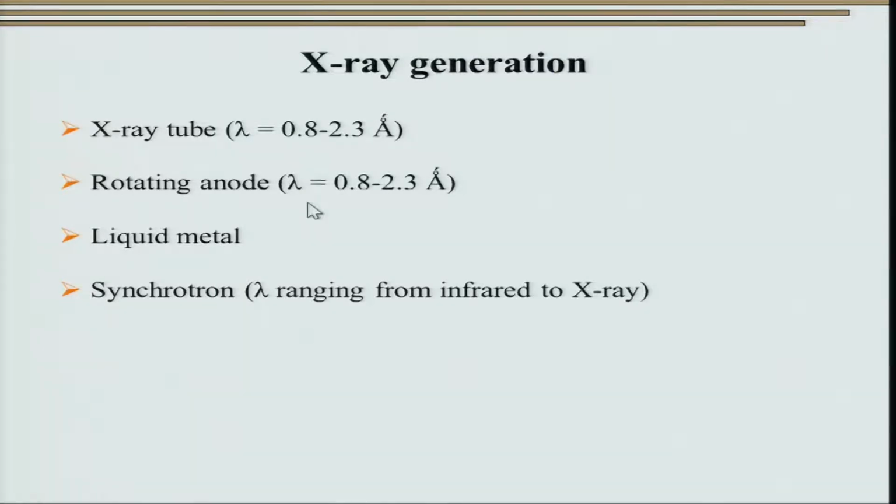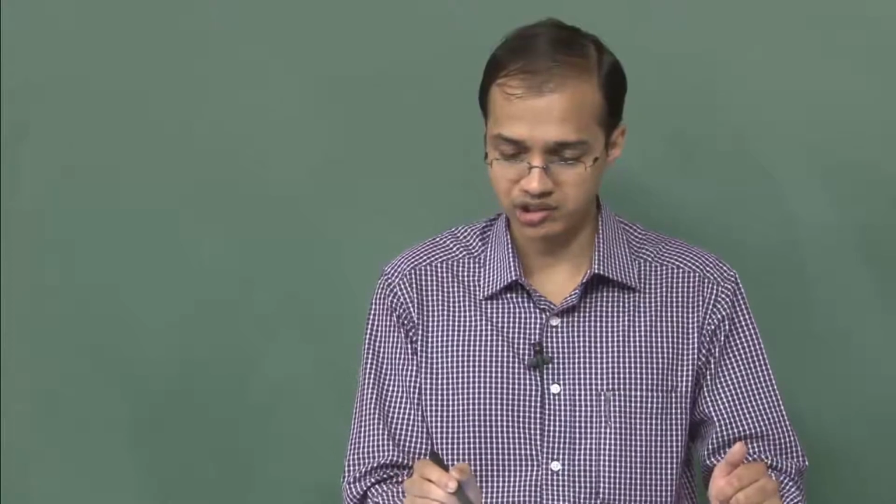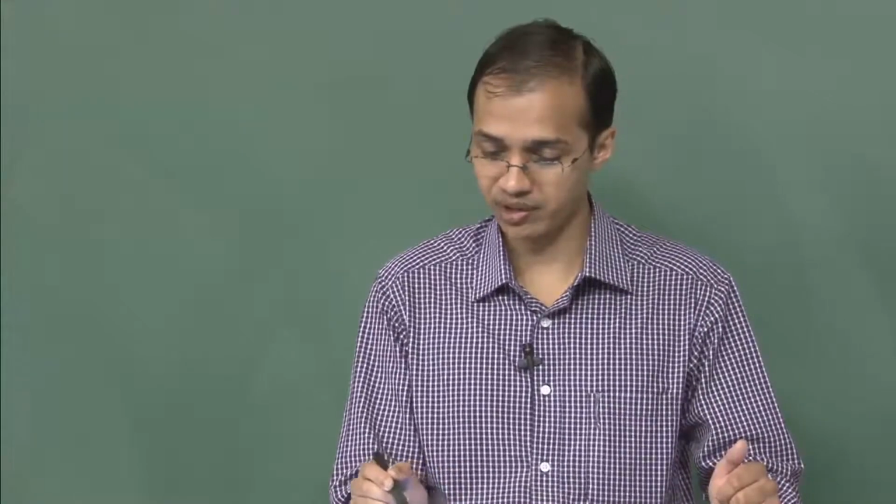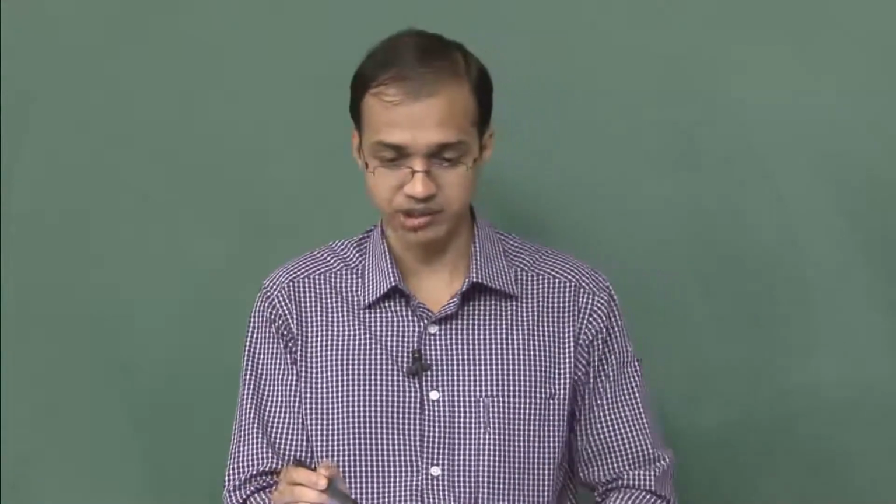Recently, there has been a development of liquid metal X-ray sources which provide high intensity X-rays with a very small spatial size. Another important source of X-rays which has captured the imagination of researchers over the last couple of years is the synchrotron, which essentially provides wavelengths ranging from infrared to X-rays.